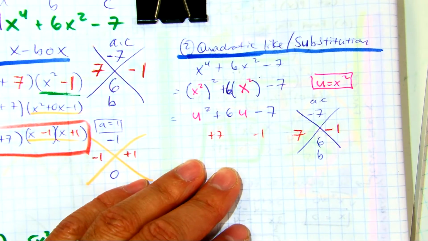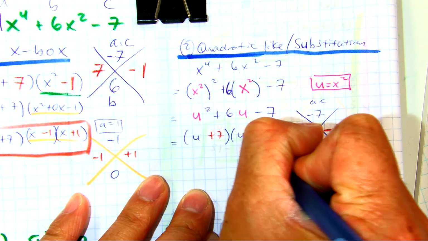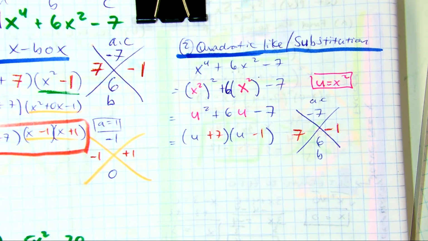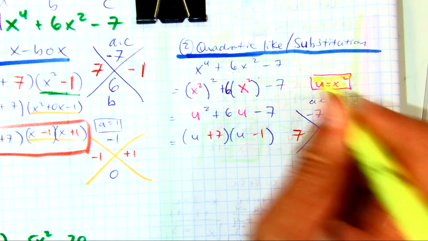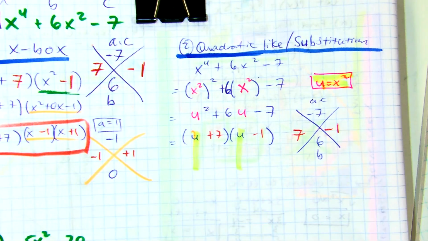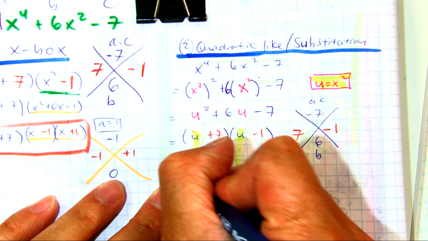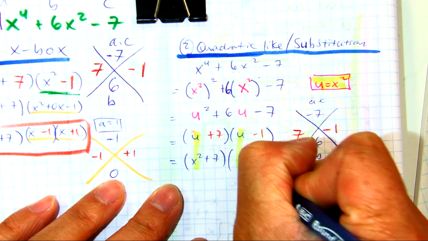So now I have u plus 7, u minus 1. All done? No. We did the substitution. You got to put it back in. So x squared plus 7, x squared minus 1.